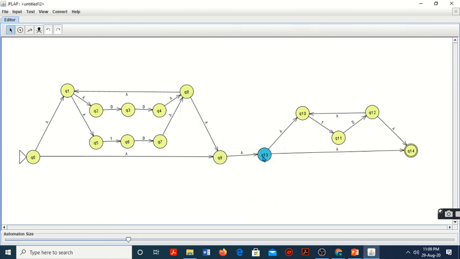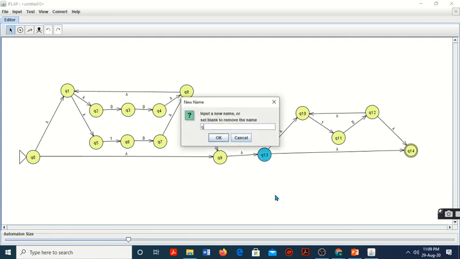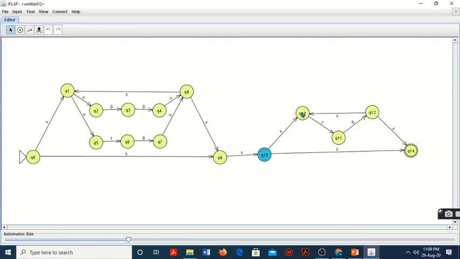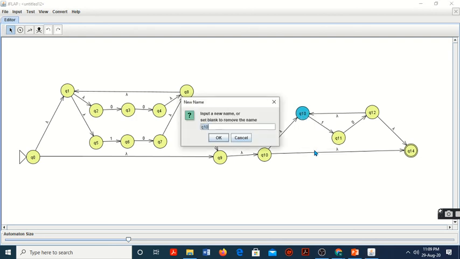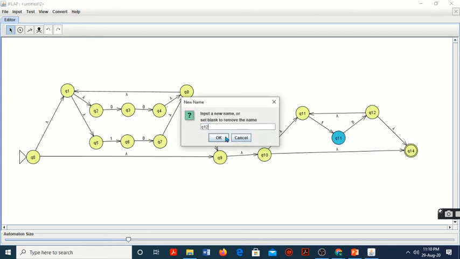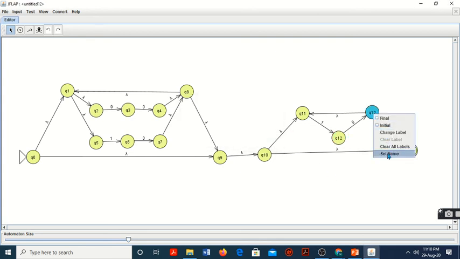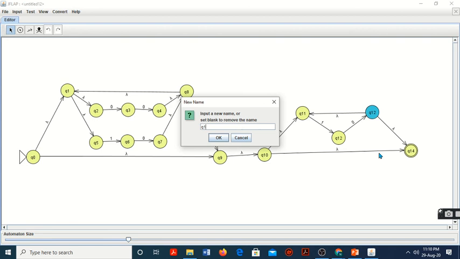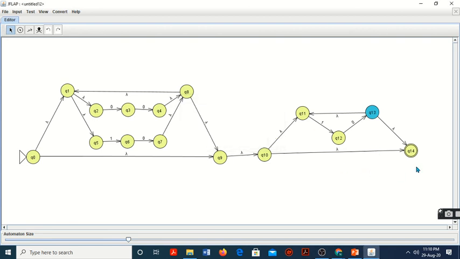Now the first state of the second regular expression is Q10, and similarly the other states are represented consecutively, and we have the final state.